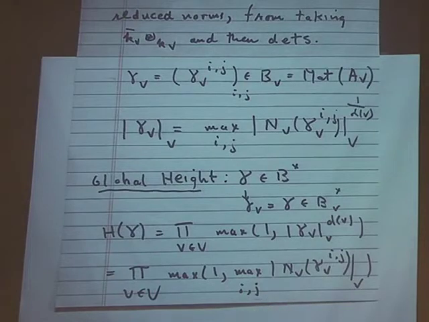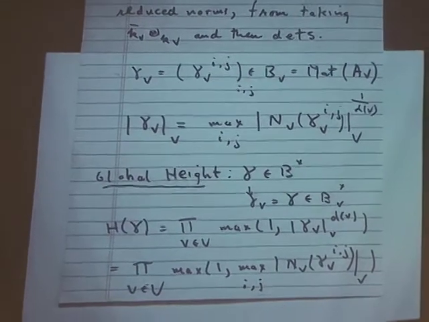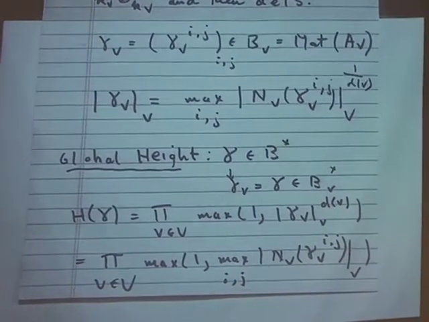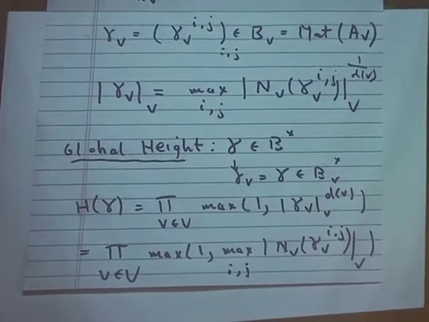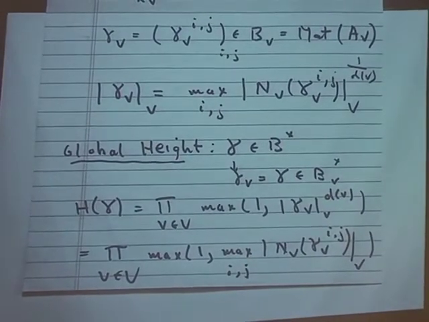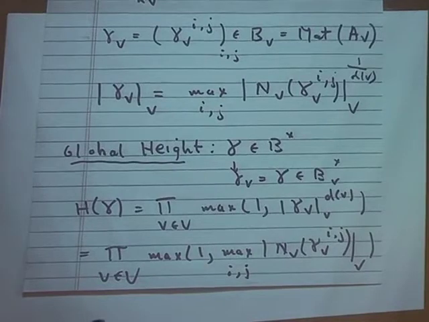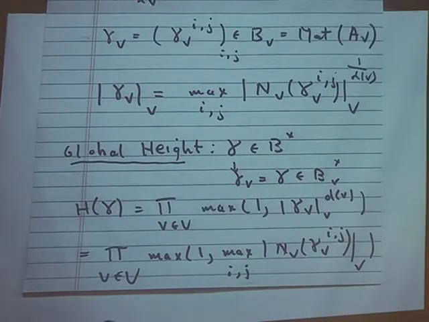So you put the d_v in and take it back. Another way to talk about this is that you take gamma, for each place v, you write it as a matrix whose entries are in a division algebra over the local completion, K sub v, and you look at the maximal reduced norm in v-adic absolute value of those matrix entries.